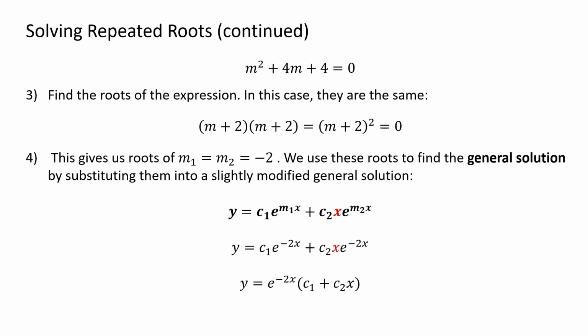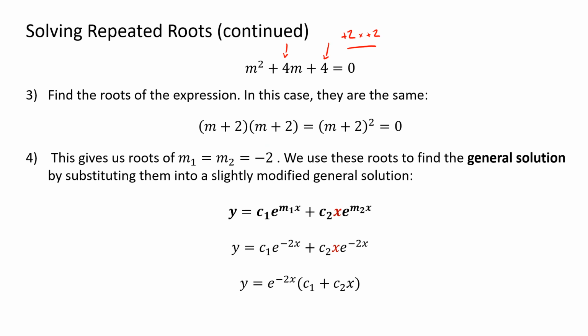Again, finding the roots, nothing changes. So in this case, if you're finding the roots, if you have m squared plus 4m plus 4 equals 0, remember you're multiplying to positive 4 and you're adding to positive 4. And what does that is positive 2 times positive 2. So factoring that, you get the same root, m plus 2 times m plus 2.